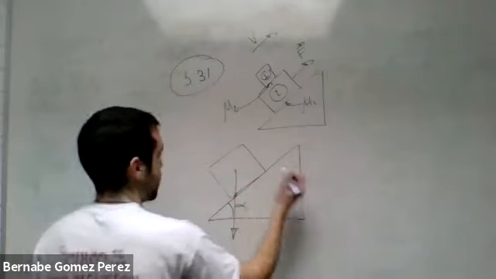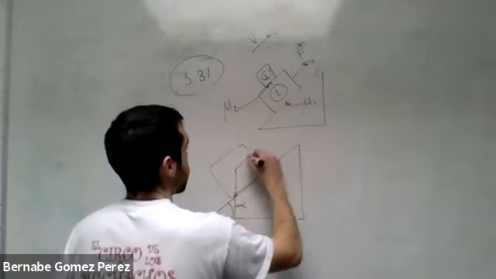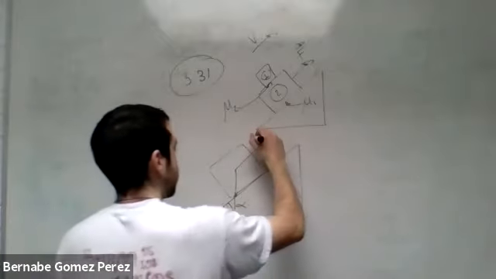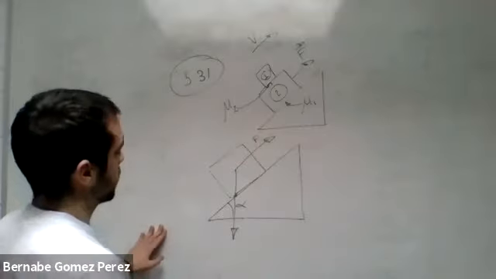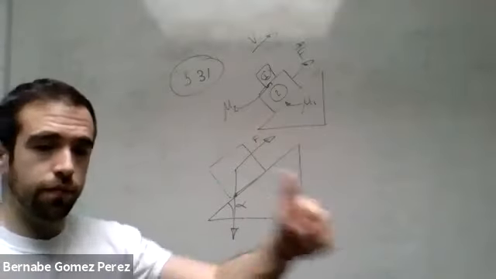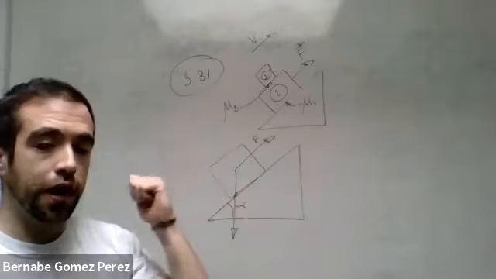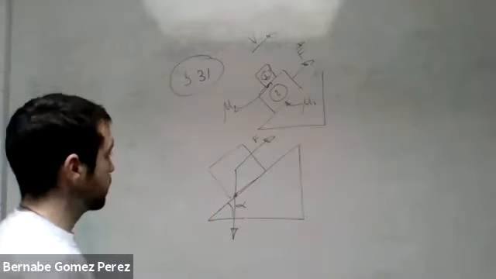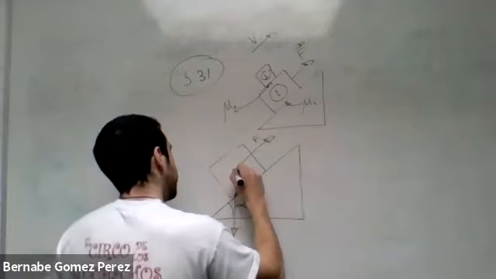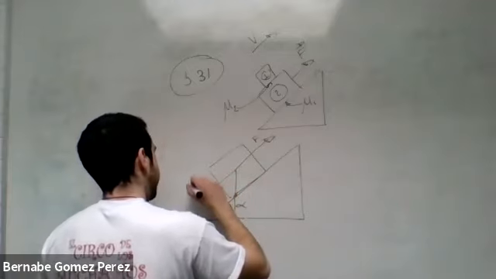Okay, what else do we have? Well, we have a force acting upwards, F. What else do we have? We have friction parallel to the surface and opposing the movement. We are moving upwards, so we have friction downwards, Fr.